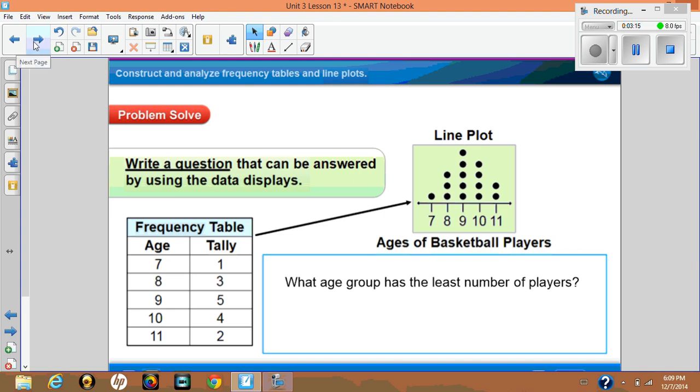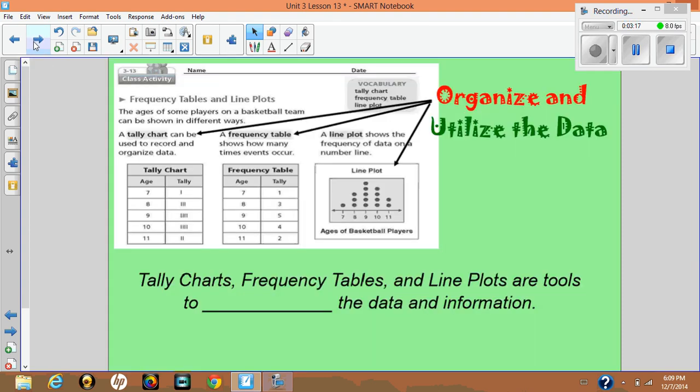Okay, we also reviewed what a tally chart, a frequency table, and a line plot are. So a tally chart can be used to record and organize data. A frequency table shows how many times an event occurs. So it is usually a number that we are tracking of how many in a certain span of time or group.